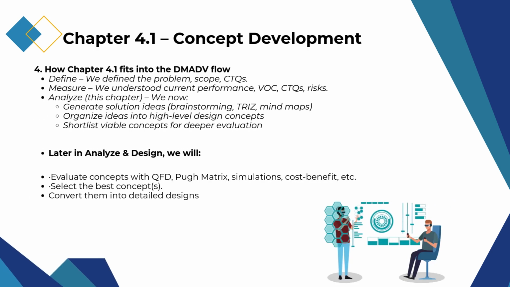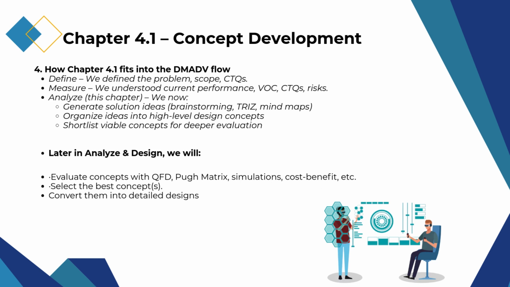Chapter 4.1 fits into the DMADV flow by showing how we move from understanding the problem to generating and organizing solution ideas. In Define, we clarified the problem, scope, and CTQs. In Measure, we analyzed current performance, customer needs, and risks.